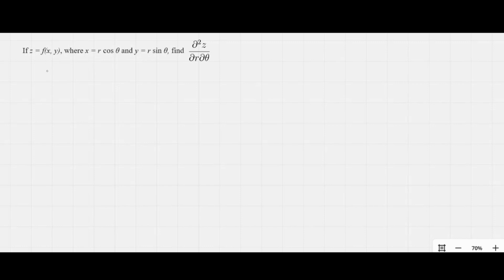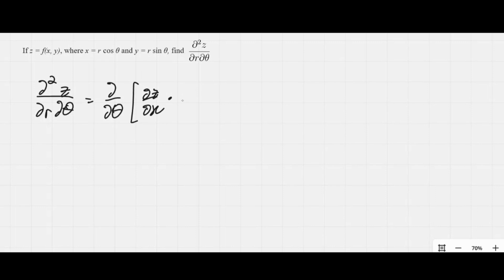And so to evaluate this second order partial, we're going to set this equal to the partial with respect to theta of del z del x times cosine theta added to del z del y sine theta.